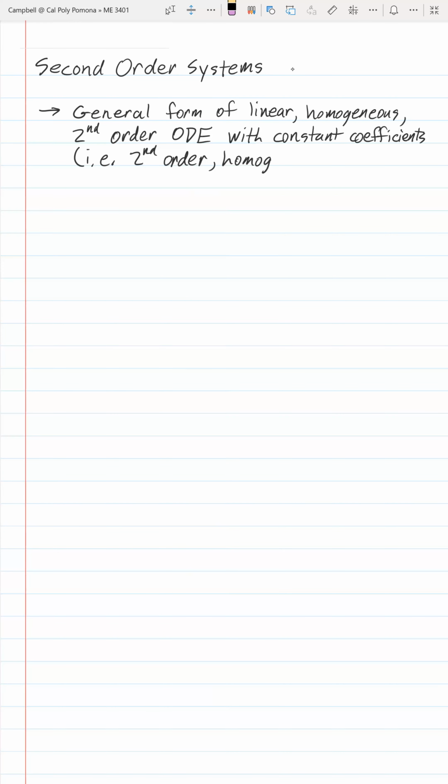So here we can abbreviate that a little bit more succinctly as a second order homogeneous LTI differential equation. I guess we could include ODE.